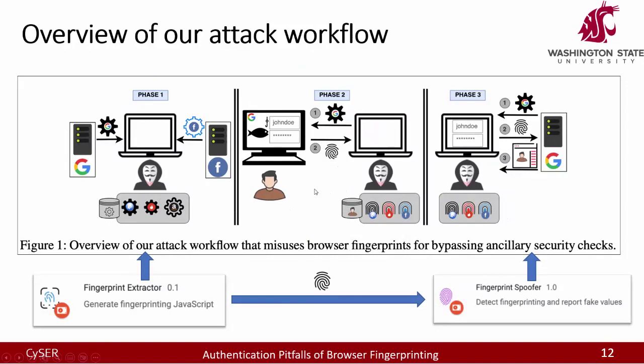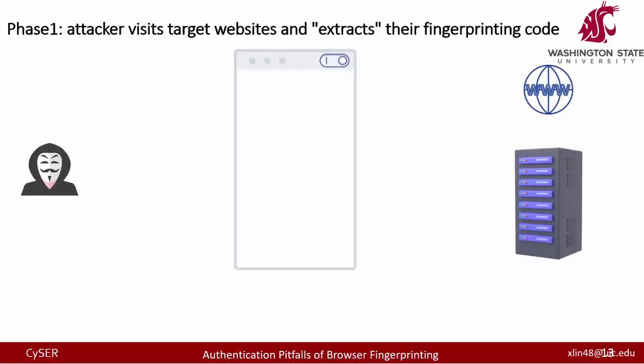In the second phase, the attacker will trick the user into visiting a phishing website, so the attacker can have the user's credentials and their fingerprints. In the third and last stage, the attacker uses this credential and the fingerprint to log in and access the user's account. So let's see each phase.